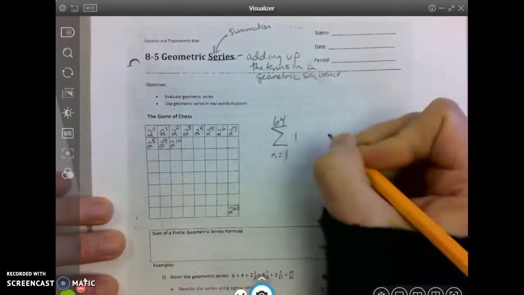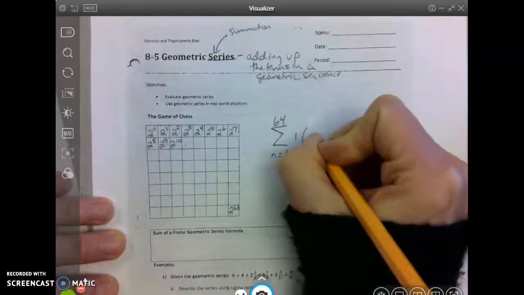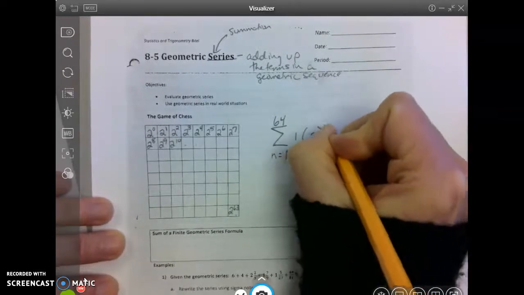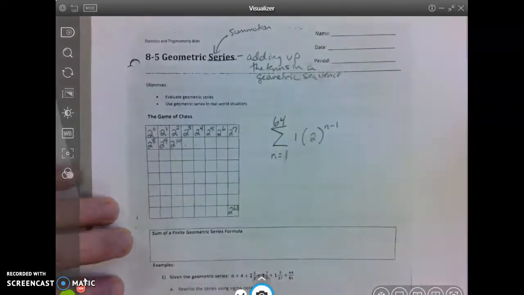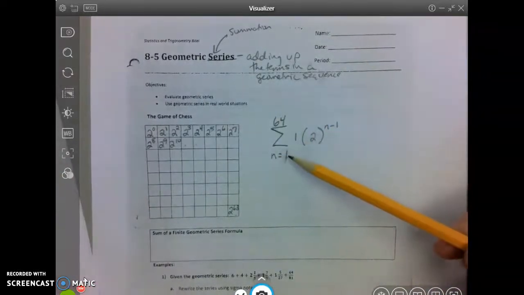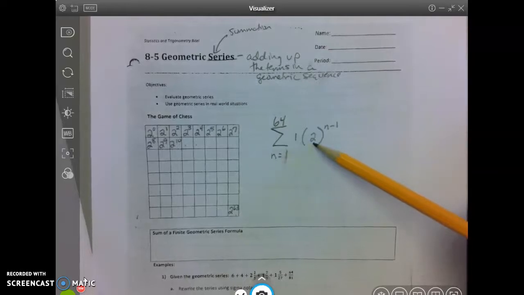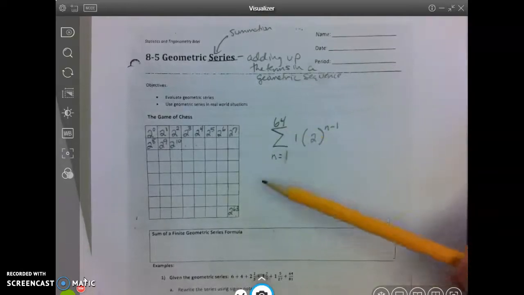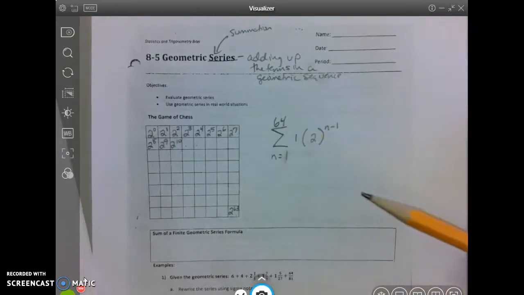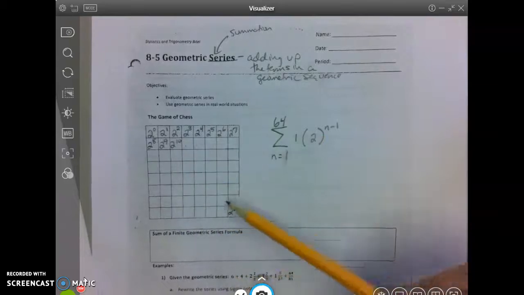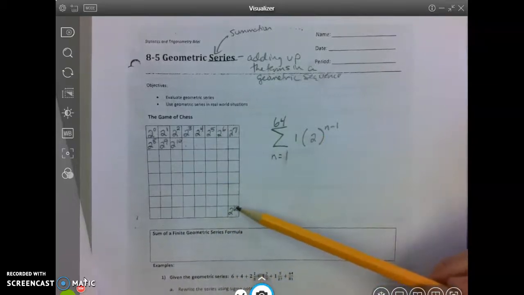The first square has 1 on it, and then I'm multiplying it by 2 to the n minus 1. Because I'm just going to go from 1 to 64 and say, okay, what's happening is I'm doubling it. So I'm multiplying it by 2, and I have 64 squares on the board. So I just have to add up all these numbers. Well, that's a lot of numbers to add.